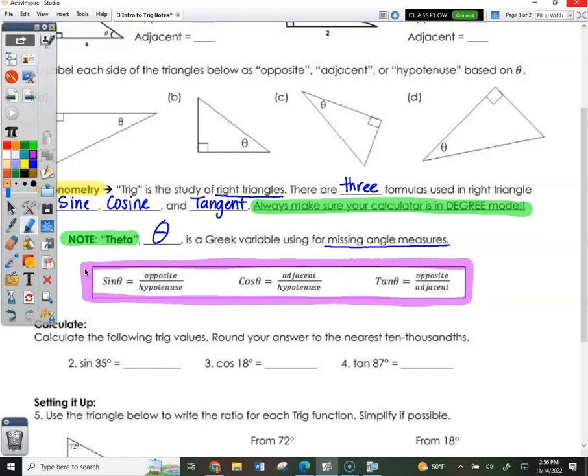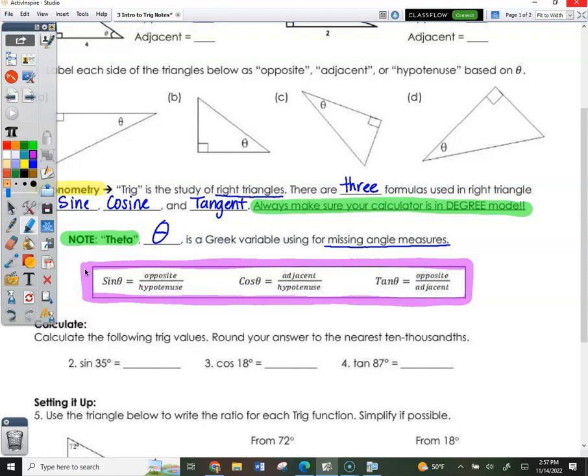It's a sin to call it sin, okay? Because that means you don't know what you're talking about. Sine of theta is equal to opposite over hypotenuse. Cosine of theta is equal to adjacent over hypotenuse. Tangent of theta is equal to opposite over adjacent. Those are your three trig formulas.